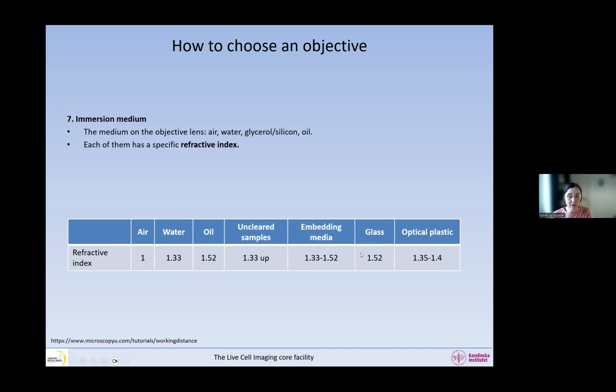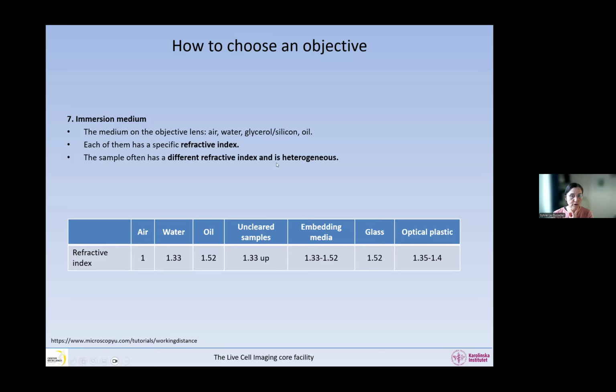And then we have glass, like for example, when we use a cover slip, it's 1.52, and this is the same refractive index as oil. And then we have also some things at the bottom of a dish that can be optical plastic. And these optical plastics, they usually don't go all the way up to 1.5. Things change a lot, so I don't know if there are new materials that go all the way to 1.5, but mostly they are for lower refractive indices.